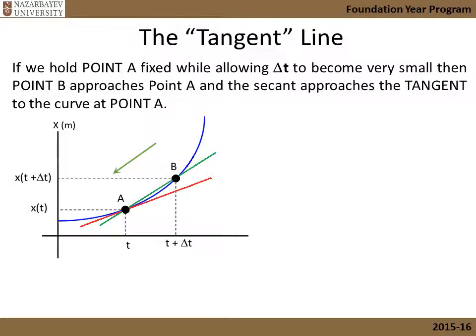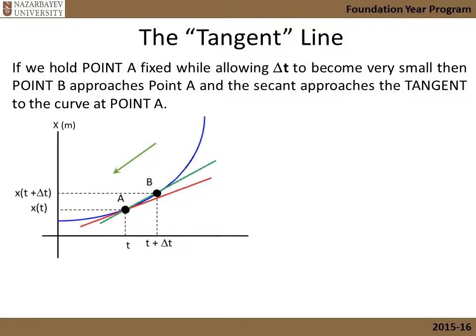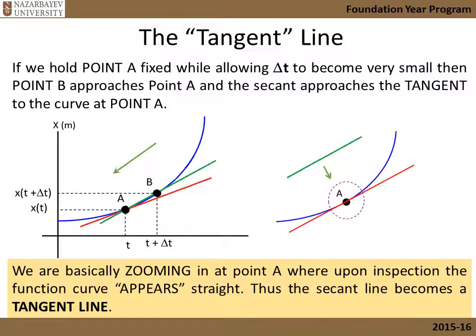So our point B becomes closer and closer. And if we continue and zoom in at the point A, we can see that our function curve appears straight, and our green line will become closer and closer to our red line, and this means that we assume that our second line becomes a tangent line.